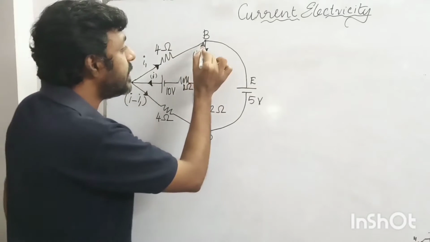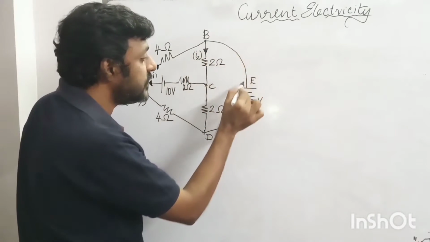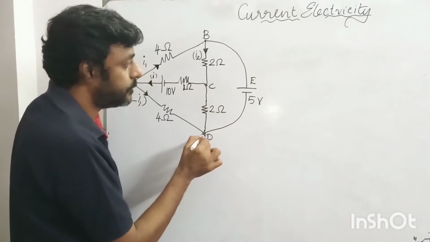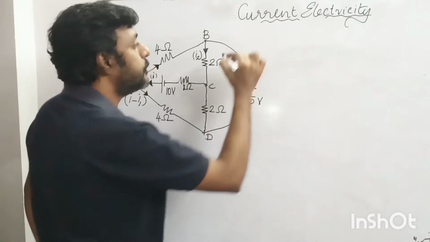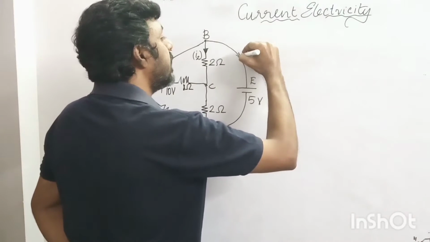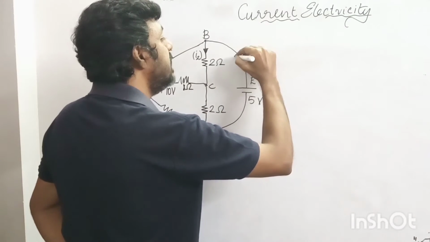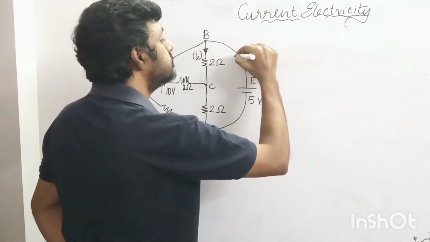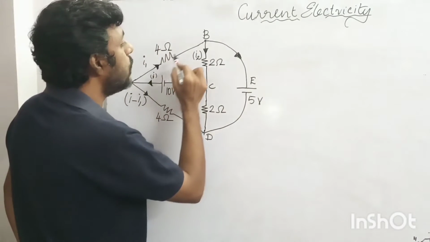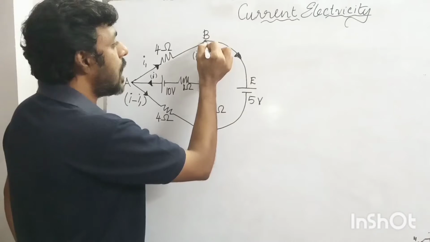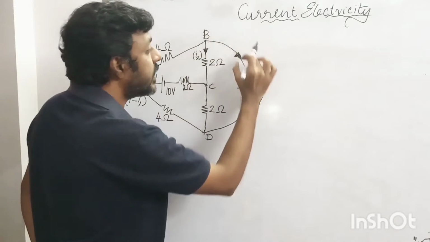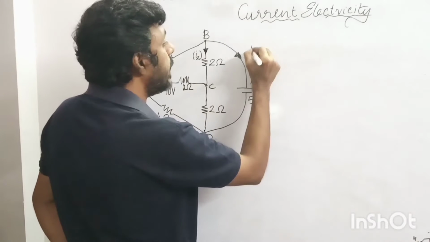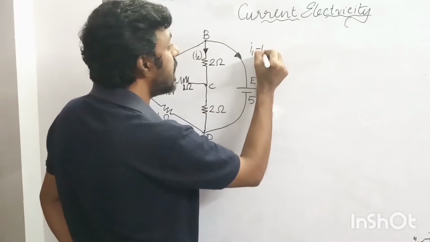Now, what will be the current flowing through the branch BD? This current is I1, which is divided into I2 and the other current. So this current will be I1 minus I2.